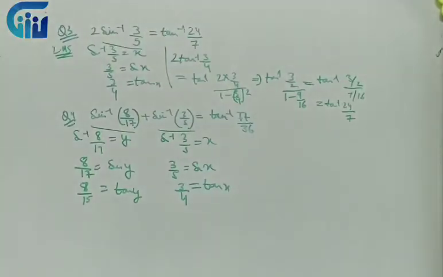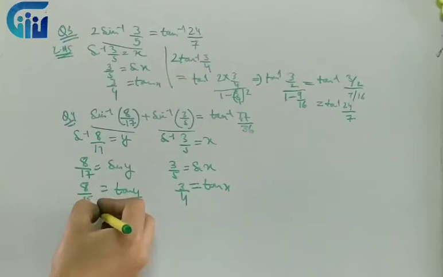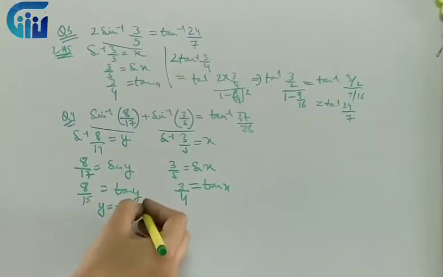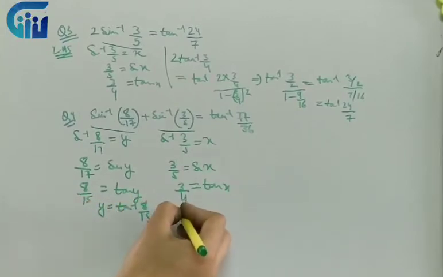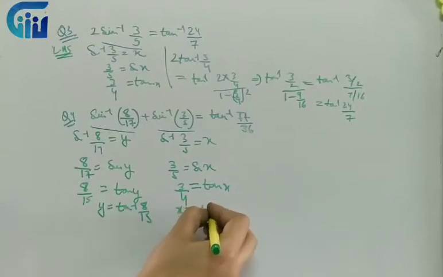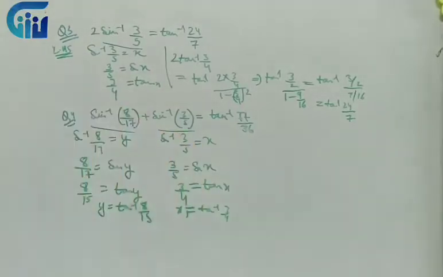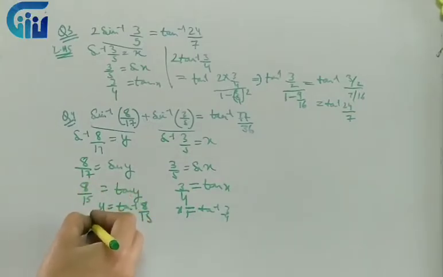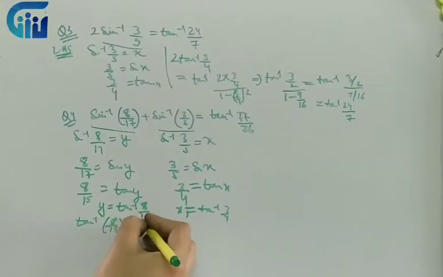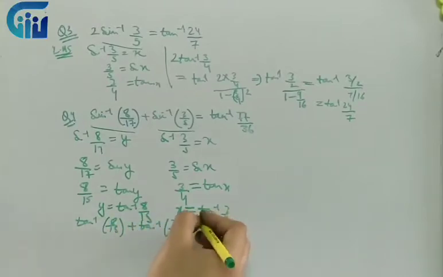Once we have written it in terms of tan, I can write y is equal to tan inverse 8 by 15, and x is equal to tan inverse 3 by 4. I can put it in the left hand side, right? So this will change to tan inverse 8 by 15 plus tan inverse 3 by 4. Now we will apply the formula of tan inverse x plus tan inverse y.